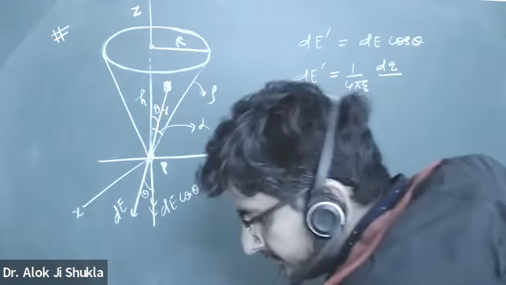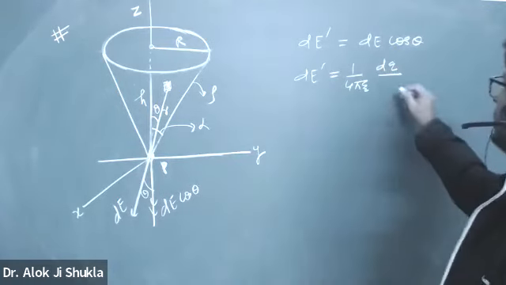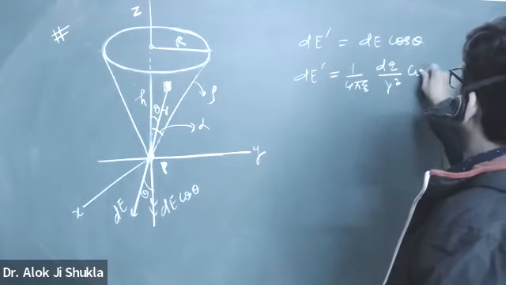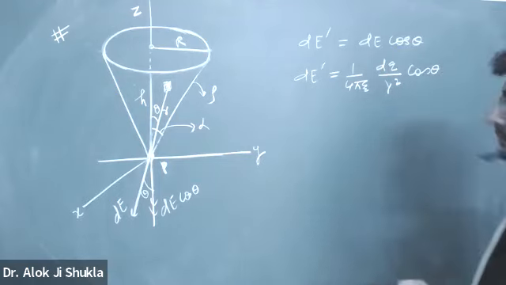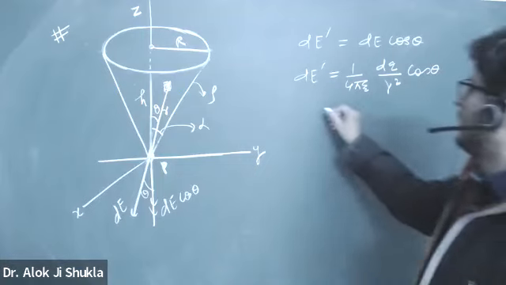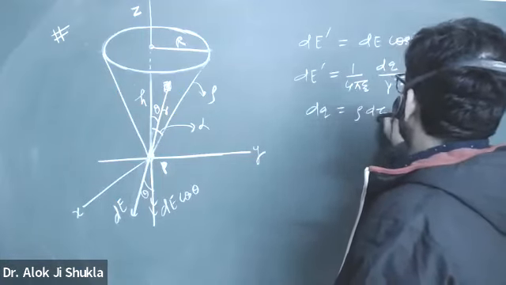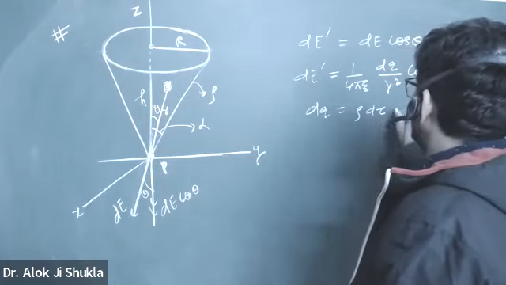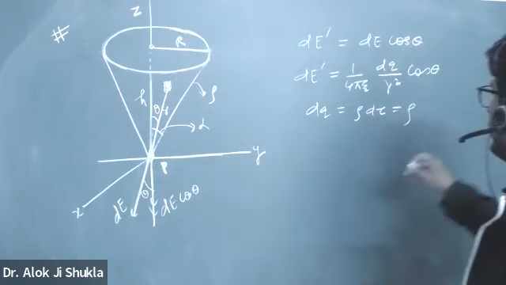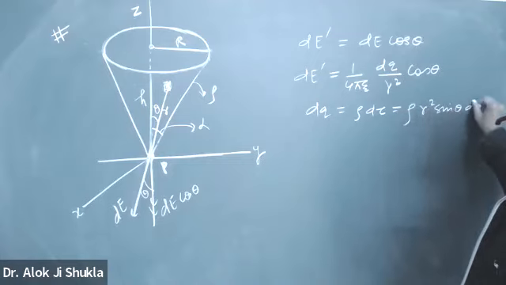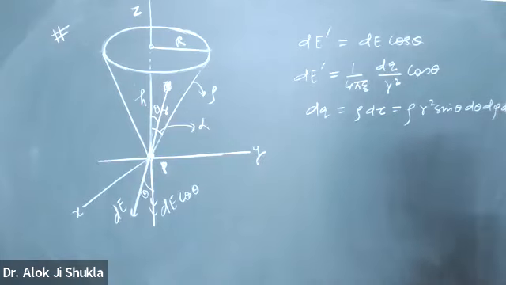So it will become dq by small r square into cos of theta. And dq, small charge, is rho d tau. So rho d tau will be r square sin theta d theta d phi dr. Understand this.